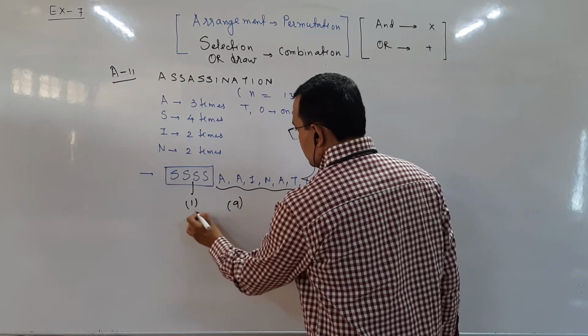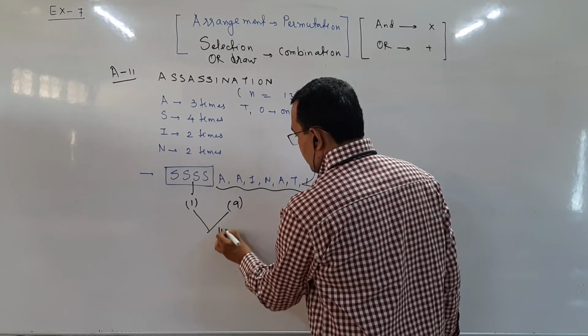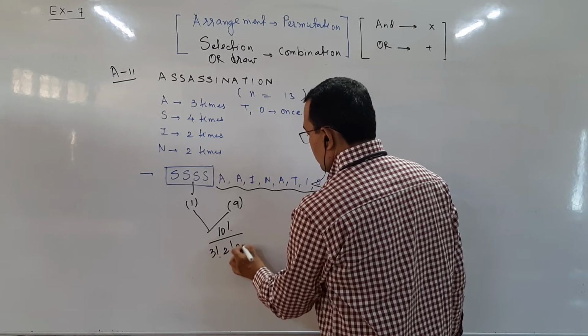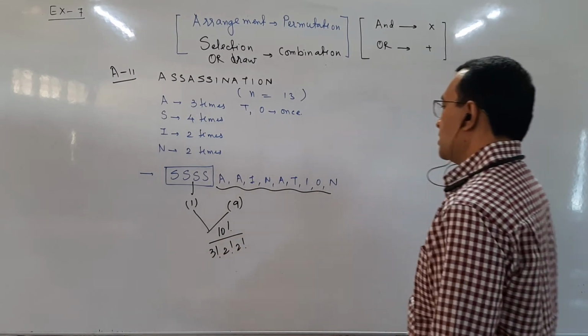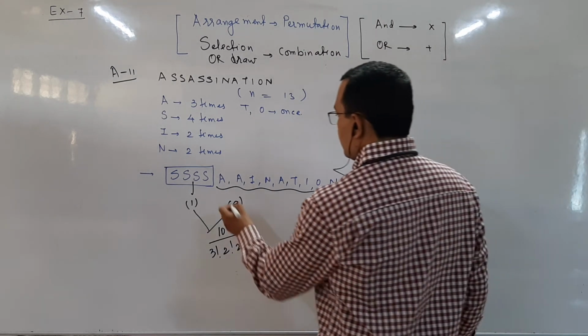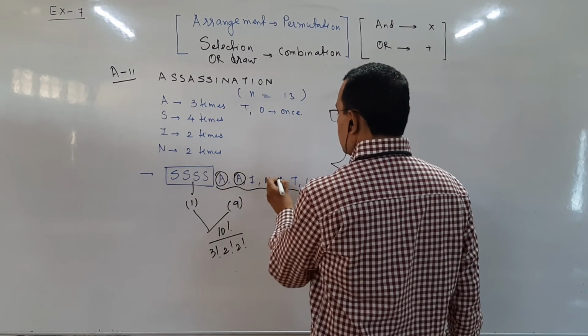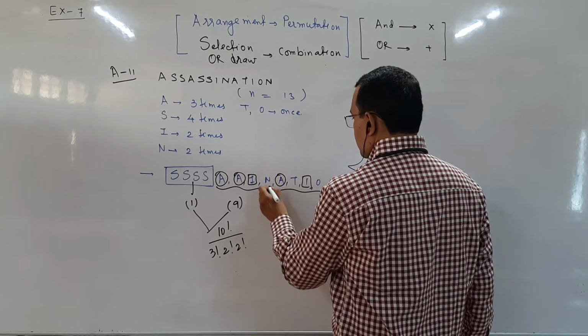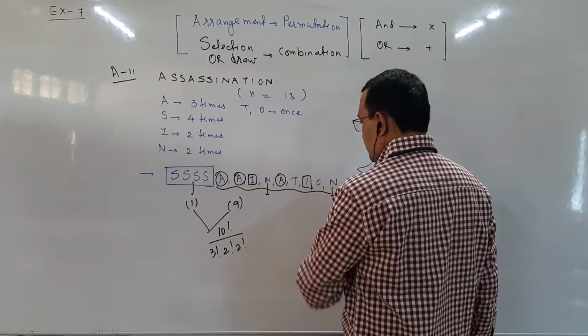So 9 plus 1, 10 letters can be arranged in 10 factorial upon 3 factorial into 2 factorial into 2 factorial. Why? Because in this 9, A is repeated thrice, I is repeated twice, and N is repeated twice.